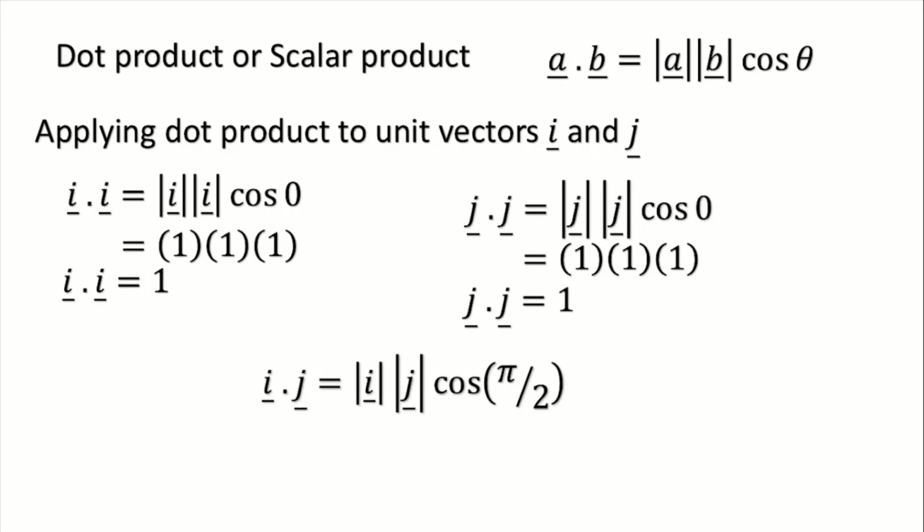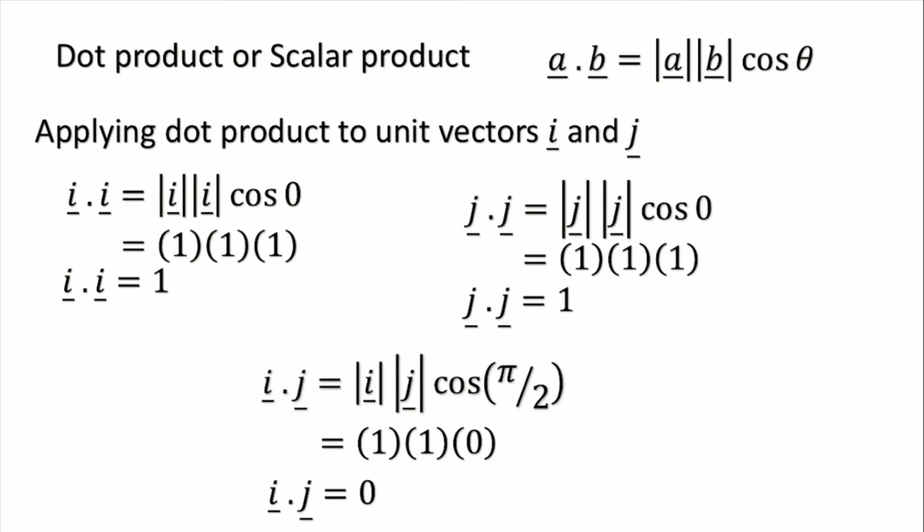So the angle between these two vectors is 90 degrees, or pi by 2 radians. So I use theta as pi by 2. Then I substitute the values: 1 times 1 times, and we know that cos pi by 2 is 0. So the i dot j value becomes 0.